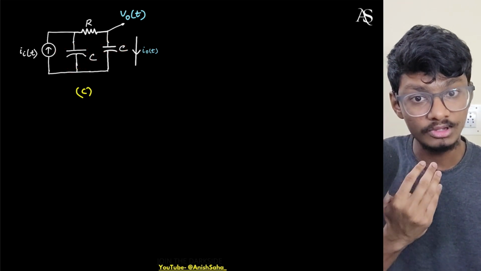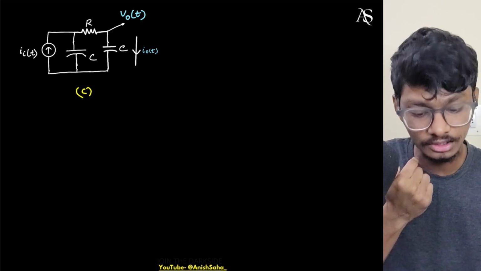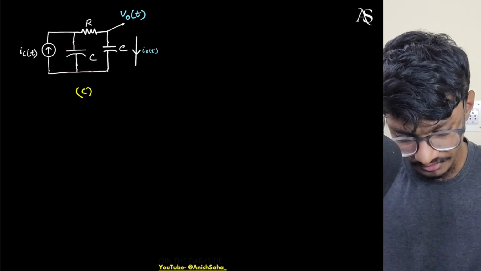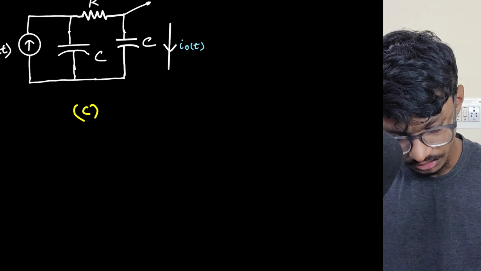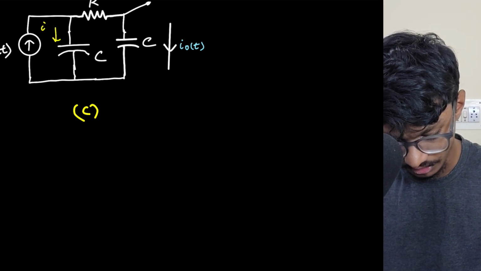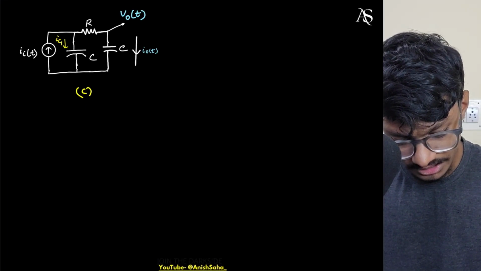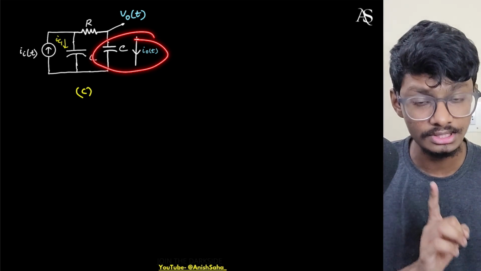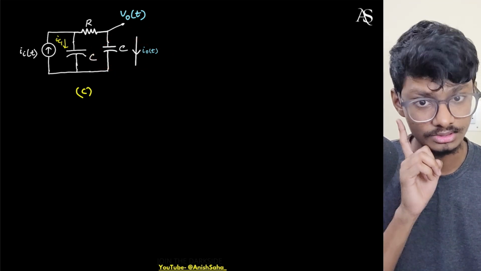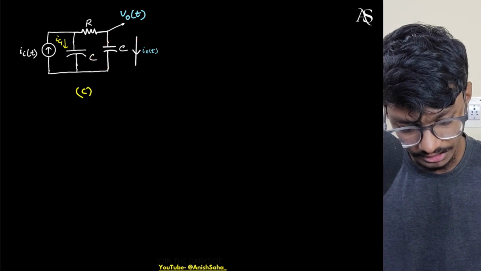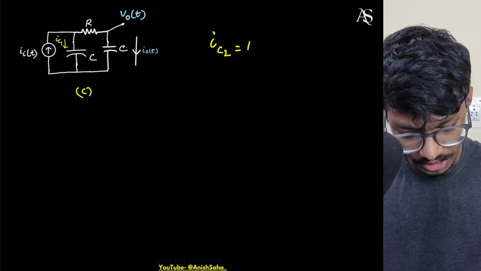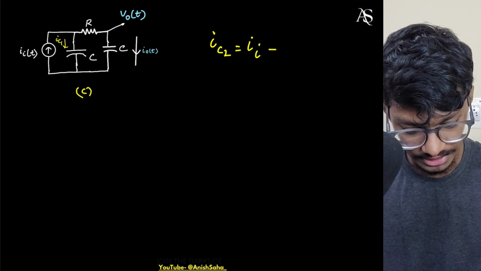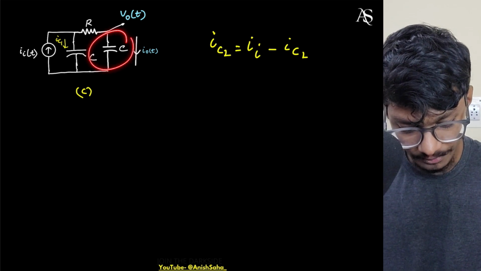Now I will give an initial current to this capacitor. If I give an initial current to this capacitor, what will happen? I'm giving this initial current IC1. So can I say the current across this capacitor? Yes, I can. The current IC2 will be II, which is the input current, minus IC1. So the current across this capacitor is known.